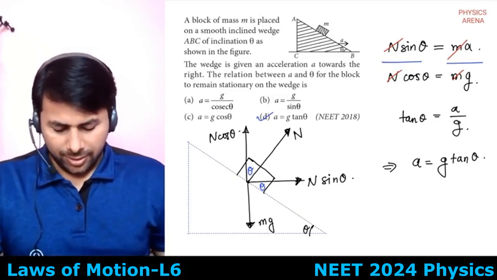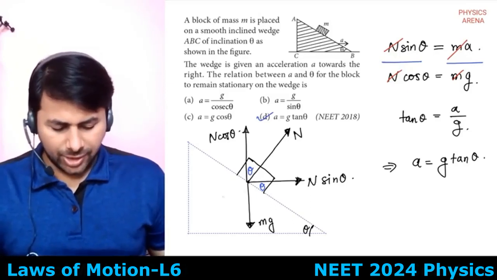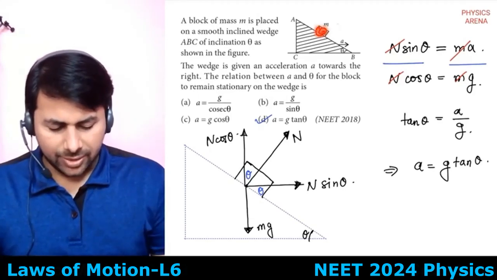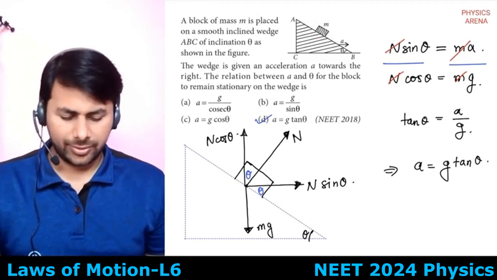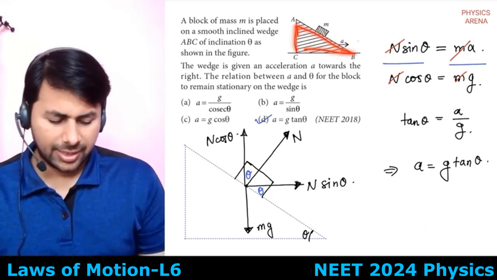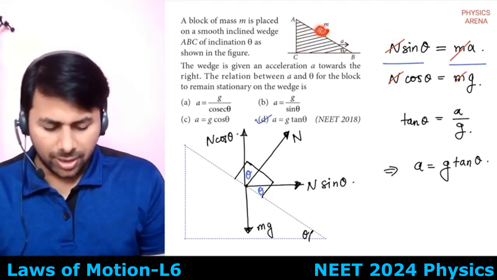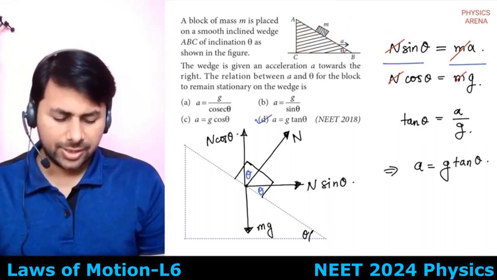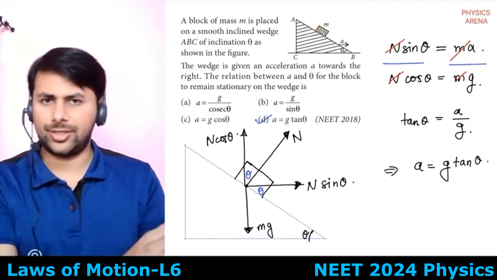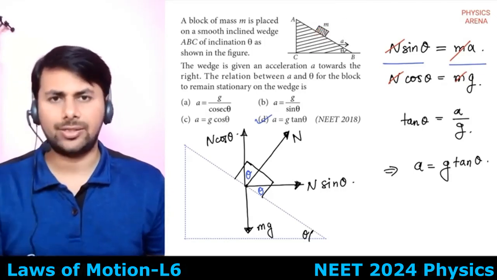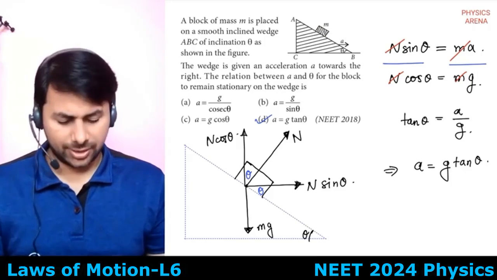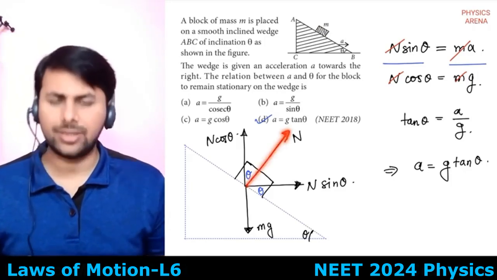Okay. So here we are just drawing the forces acting on this block. And since the wedge is accelerating in this direction, along with the wedge, this block will also accelerate in this direction. But what will provide that force? This is the question. So you have some normal reaction.